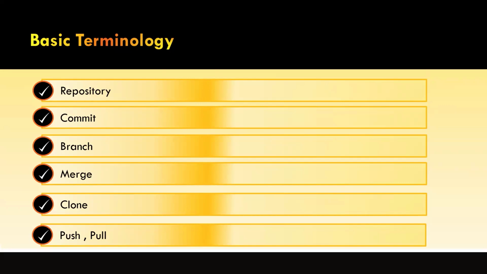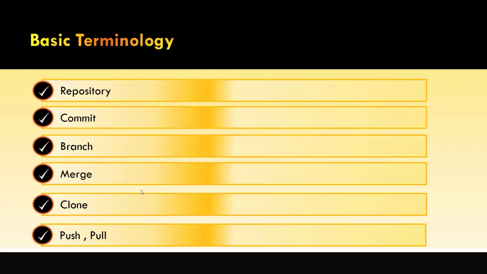It is integrating the changes from one branch into another. You have two different branches. In the main branch you are not making any changes, and in the other branch you are making changes, or in both branches you have some changes. If you want to combine the changes of your source branch with the target branch, you use the merge command.